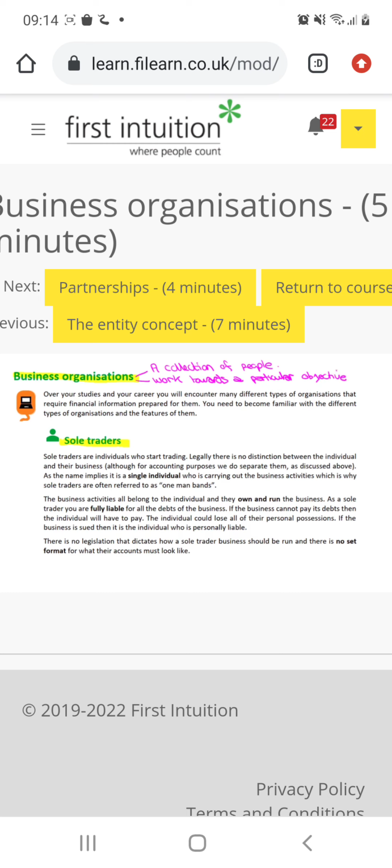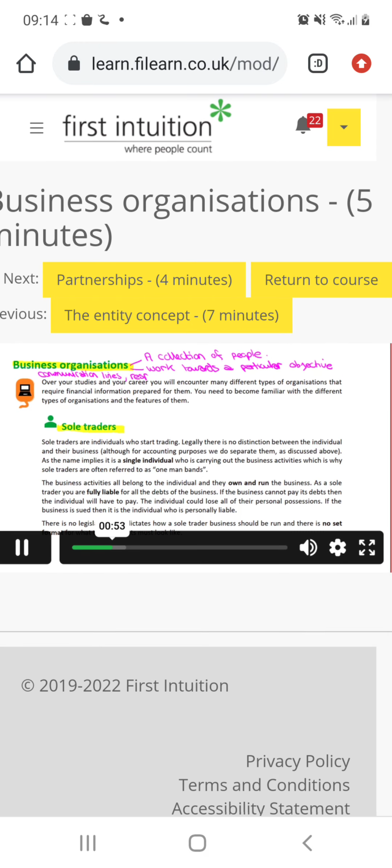It's a framework that establishes communication lines and responsibilities.